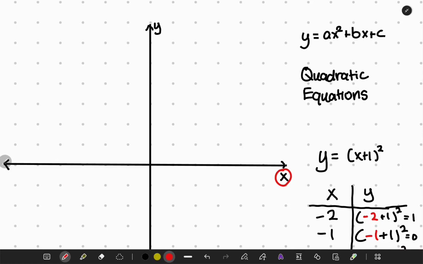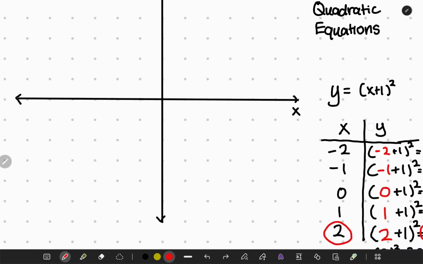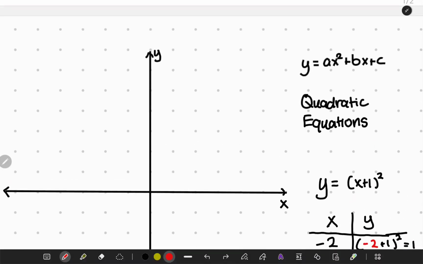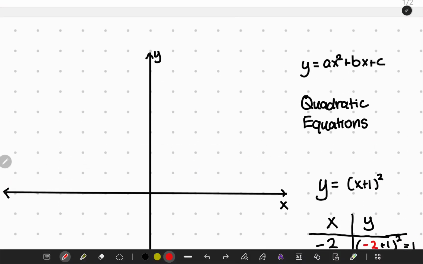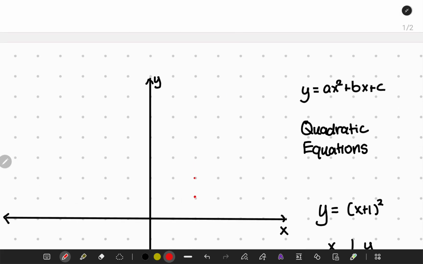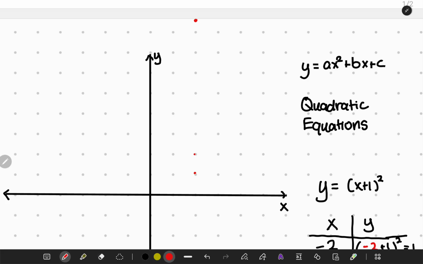Looking at x from left to right, it's on the right side because that's positive. Now I look at my y value, which is 9, so I go up 9: 1, 2, 3, 4, 5, 6, 7, 8, 9. It goes a little bit beyond, but I'm just going to draw it right here.